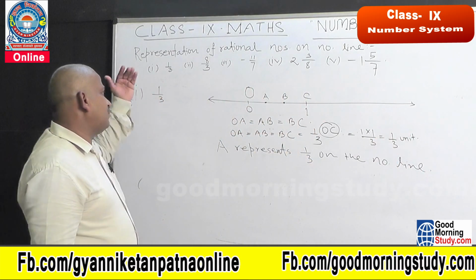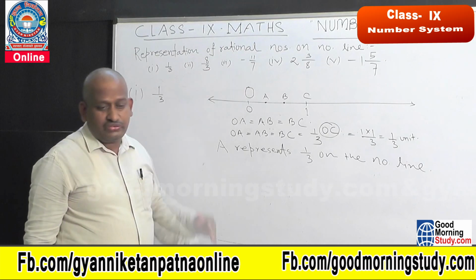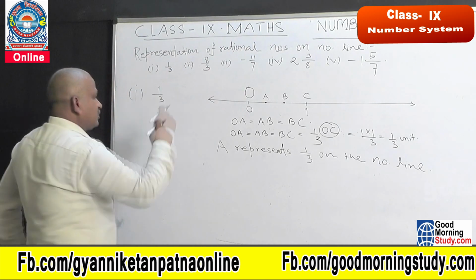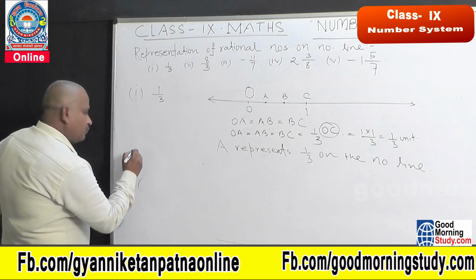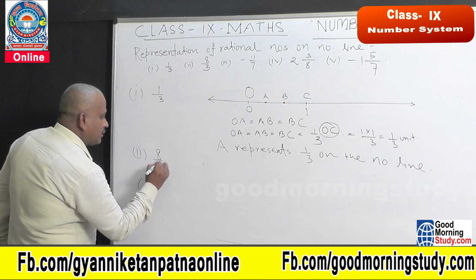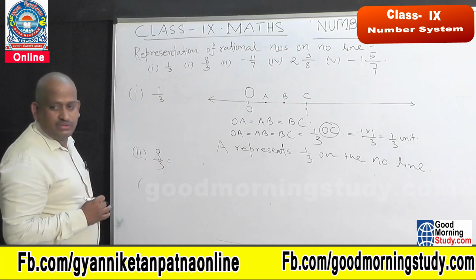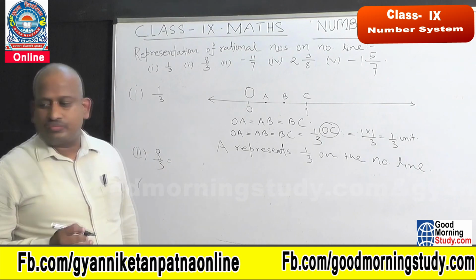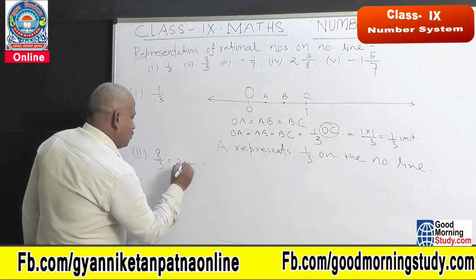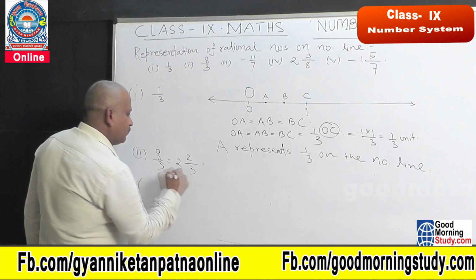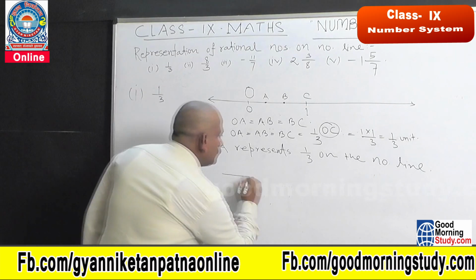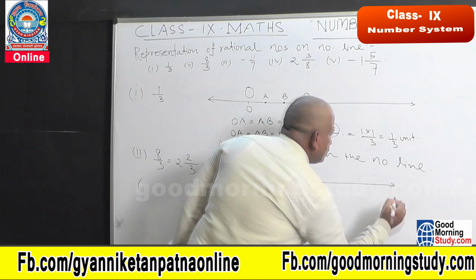And in the same way, will represent these, and that I am going to explain you. Second is 8 by 3. And children, this 8 by 3, you convert it in mixed fraction. What will be the value? This will be 2 whole 2 by 3. And this I am going to represent. Draw line.